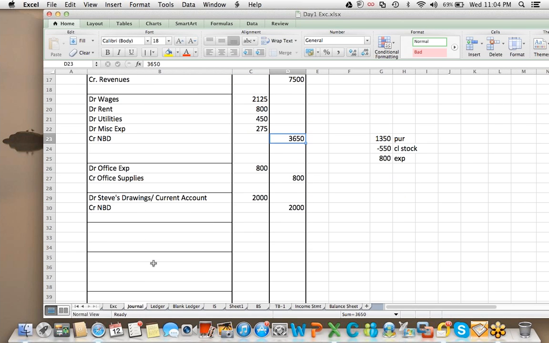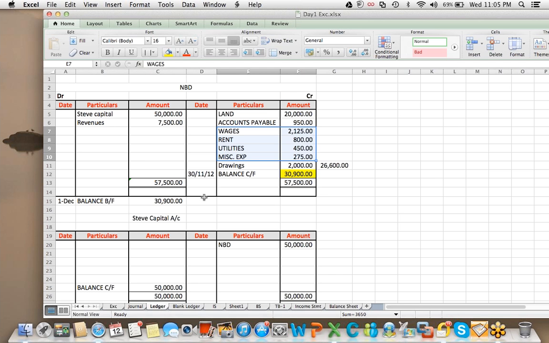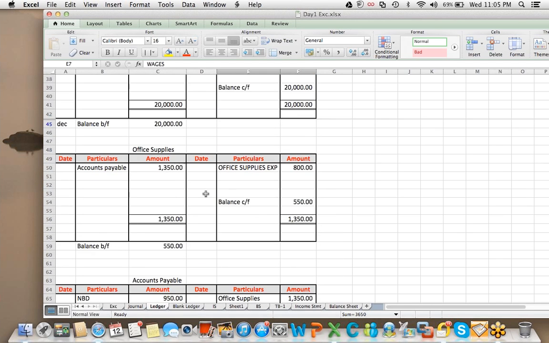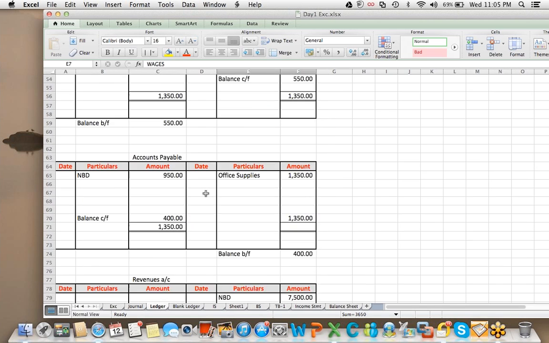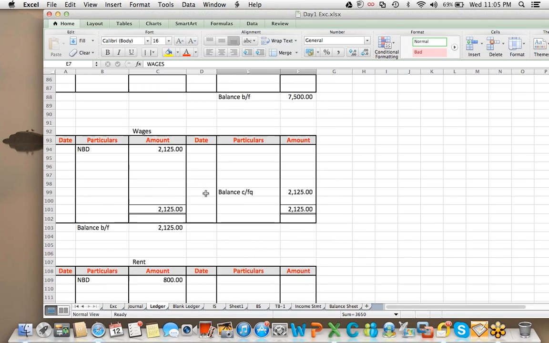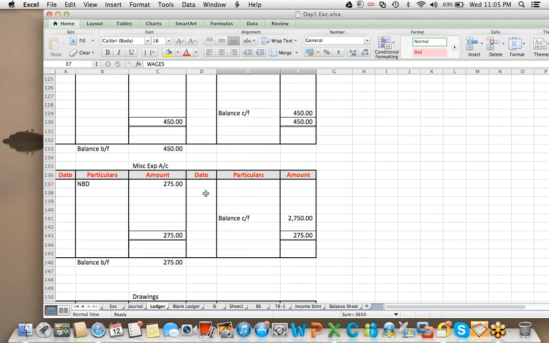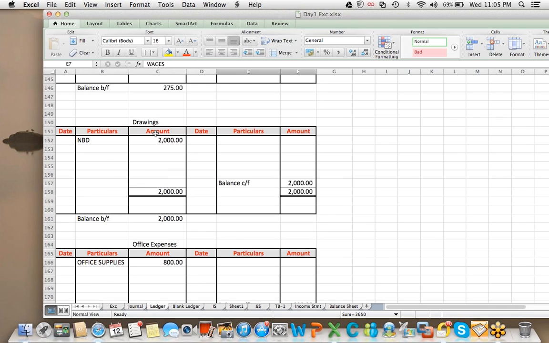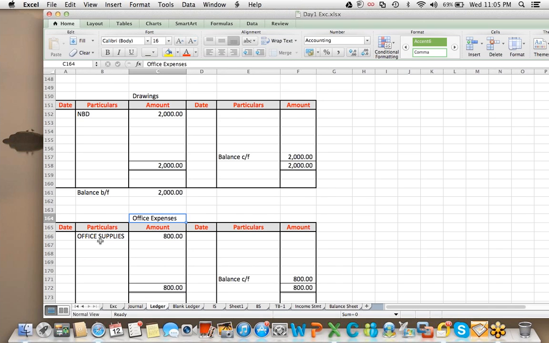The next one is office expenses debit, office supplies account credit. Now let's see the ledger. Office expenses should be debited by that much money. Office expenses is here. Office supplies 800.